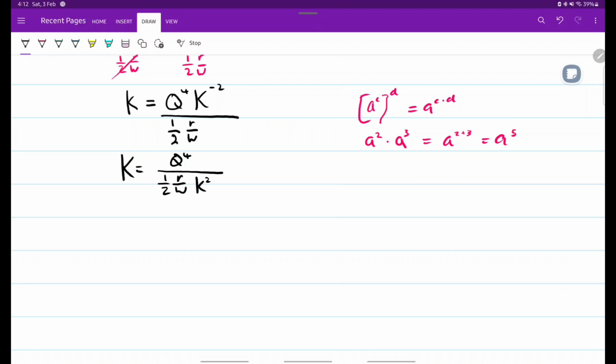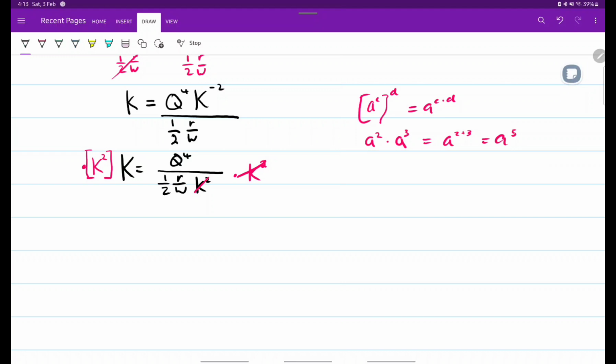So when you multiply through by k squared, I'll do it in red so you can see what we're doing in this step. Those are gone.